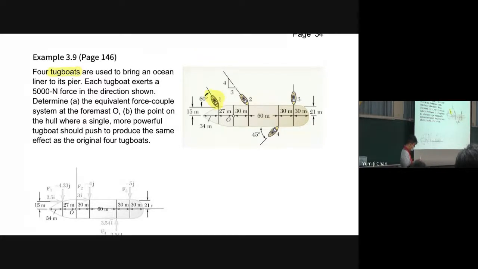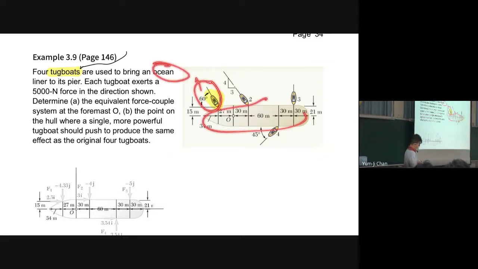These are tugs, and they are used to bring a large ship to the pier. Pier is this one.